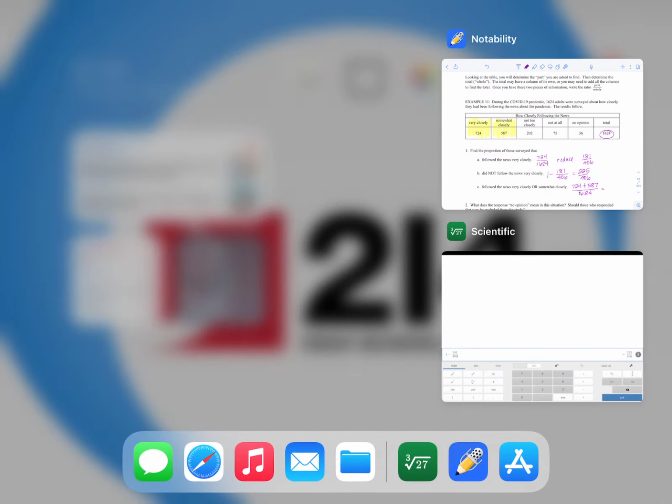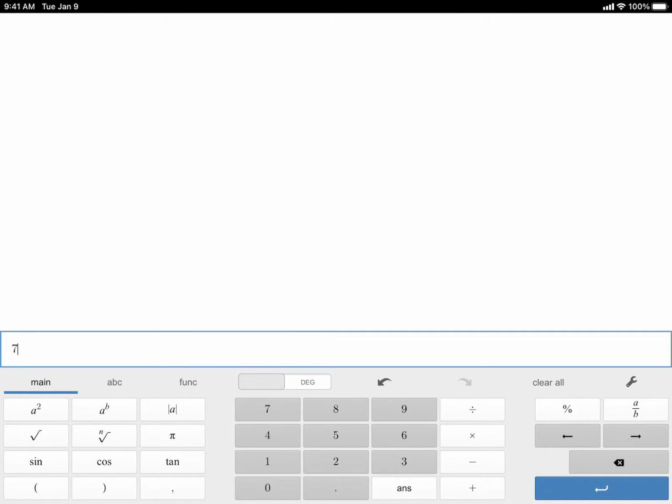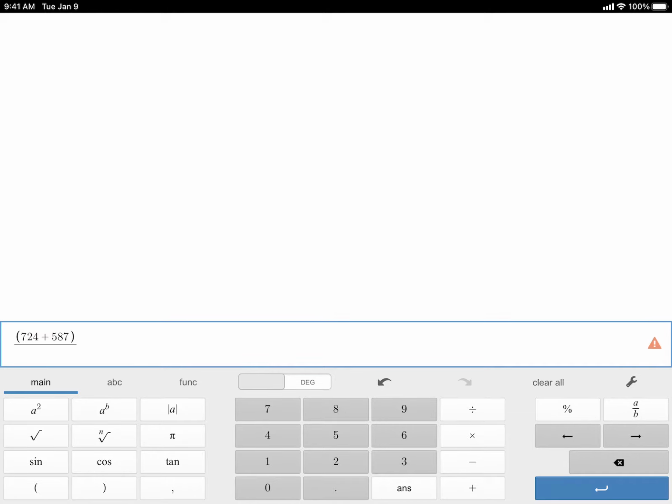And so let's add these. We have 724 plus 587. And now I'm going to put parentheses around this, so that way, when we divide it, it's going to divide the whole thing by our 1,624. And we can see that's going to be 1,311 over 1,624.